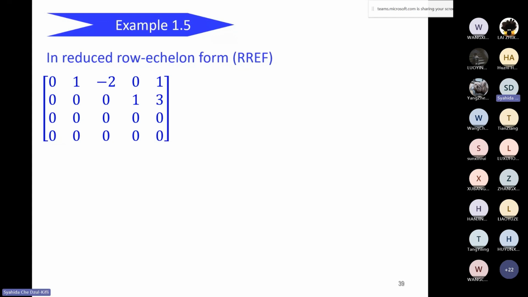The first non-zero number must be 1. That's in the first row. In the second row, the third row, there is no leading one because they are all zeros. The same goes for the fourth row. So property 1 is satisfied.